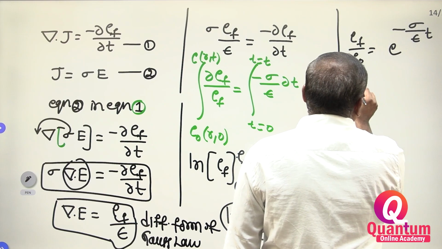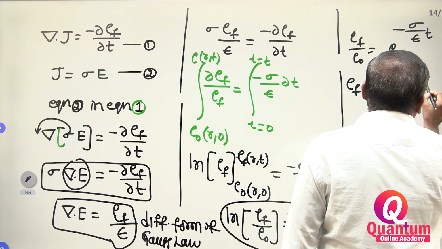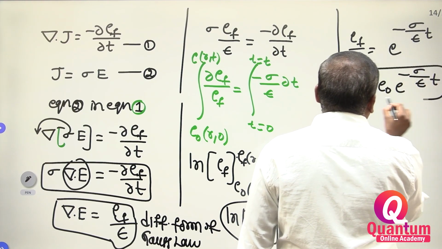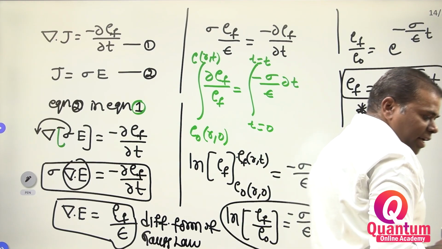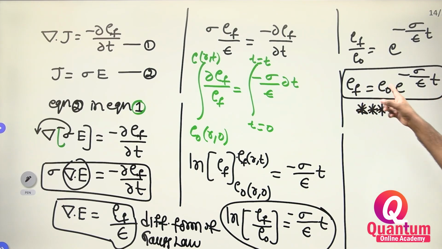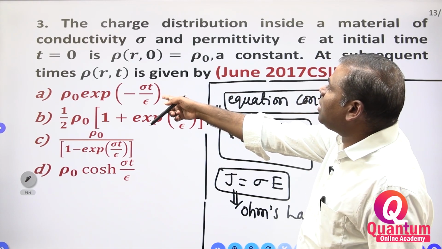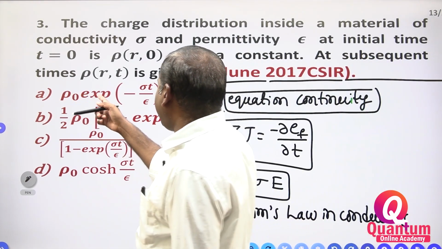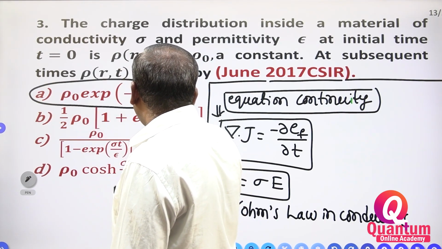Therefore, rho f is equal to rho naught into e to the power of minus sigma by epsilon into t. This is the decay of charge density. Once you check the options, what is the subsequent charge density? Rho naught exponential of minus sigma by epsilon into t. Option A is correct.